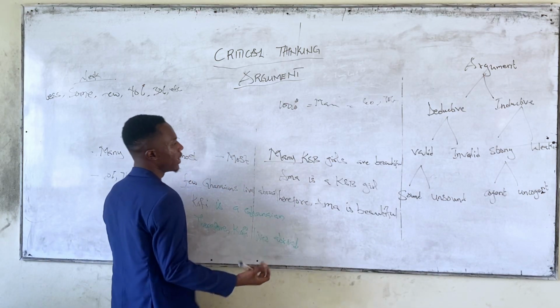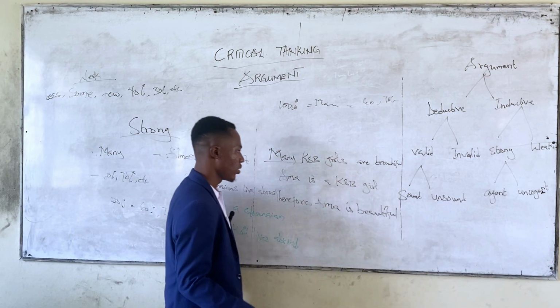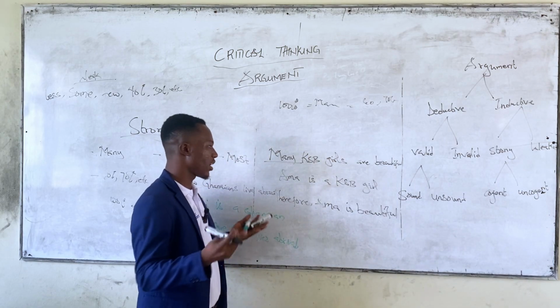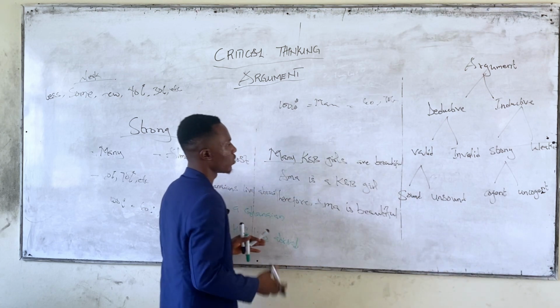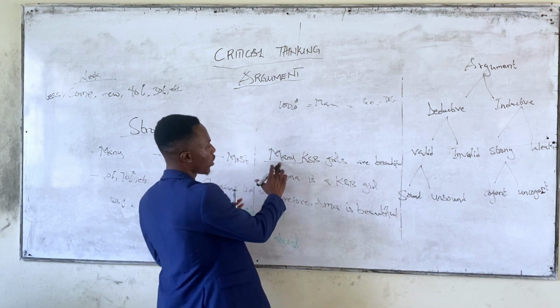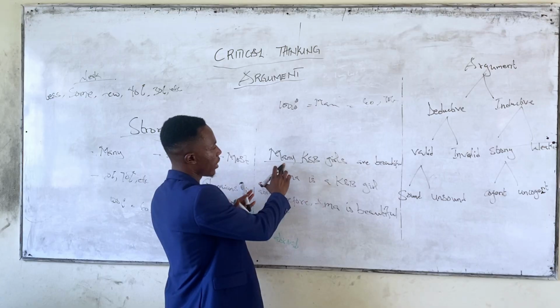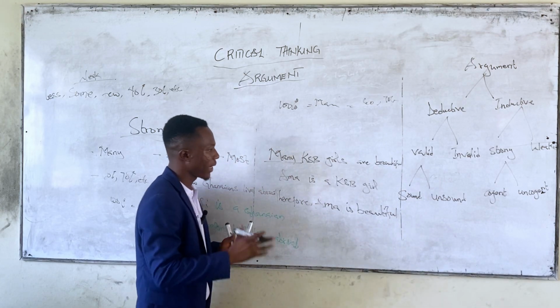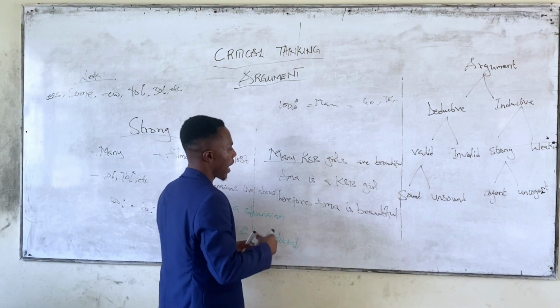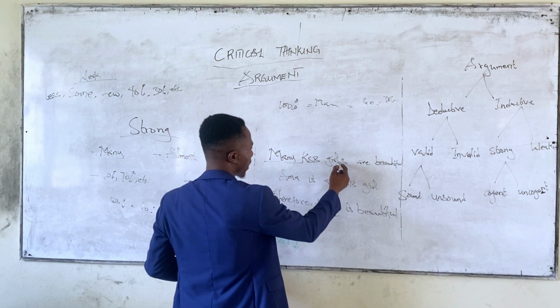This one is saying many KSB girls are beautiful. We are saying many, yes, so we are building a point. Amma is a KSB girl, so therefore Amma is beautiful. That one, yes. Because there is an indicator word here, many, it is making the whole argument what? Strong. But then if you look at it and it is following the pattern, right?